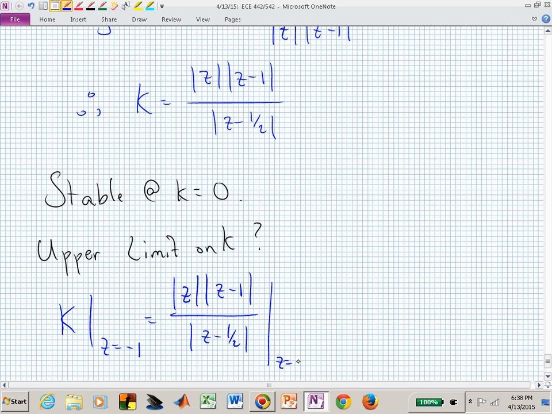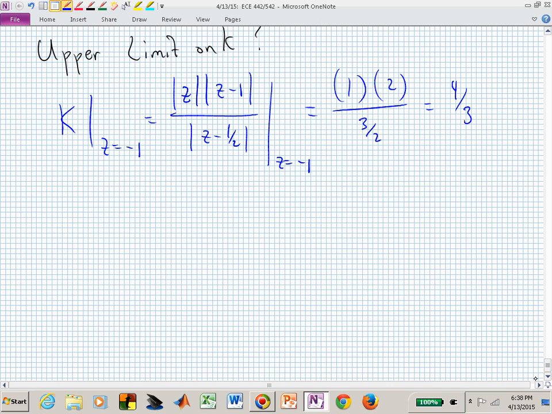And you don't even need much of a calculator to do that, do you? Now you know the range on K for stability. What's the steady state error?